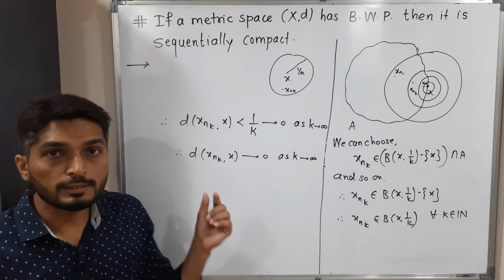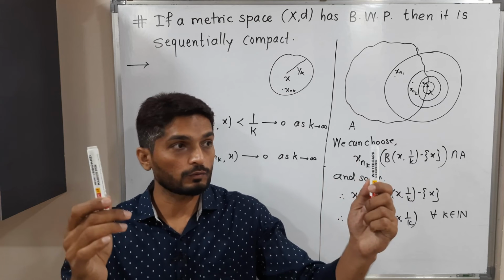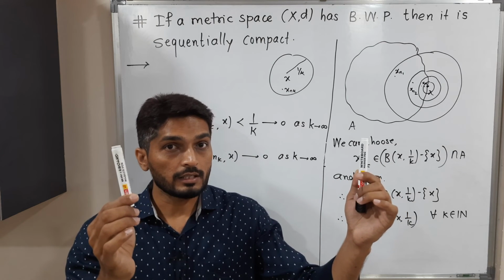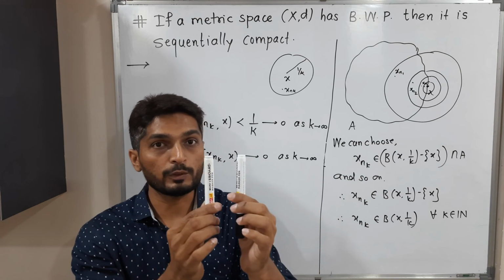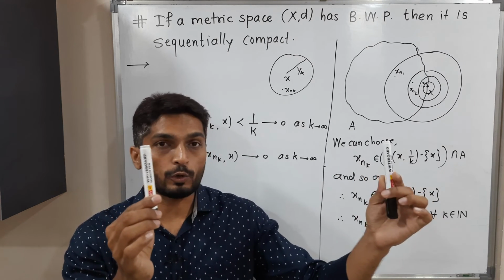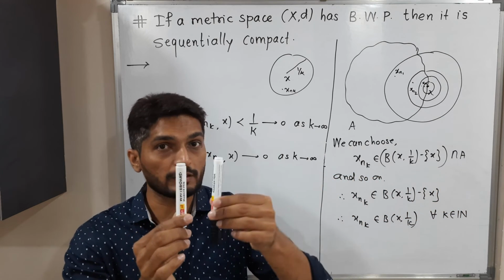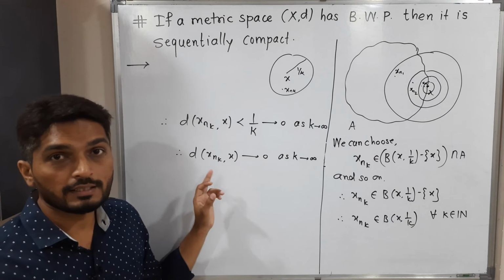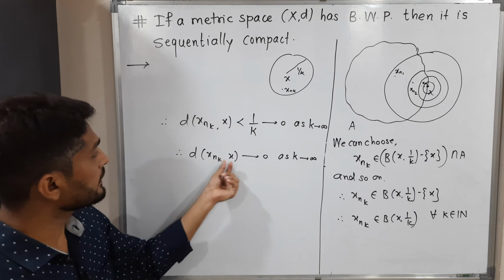That means the two points are moving towards each other. Here the point x is fixed, xn k can move as k varies. So xn k converges to x.